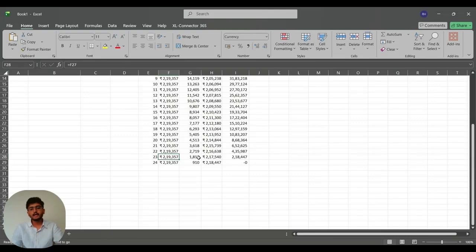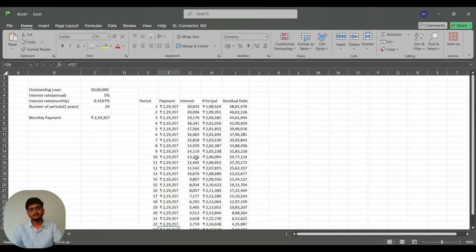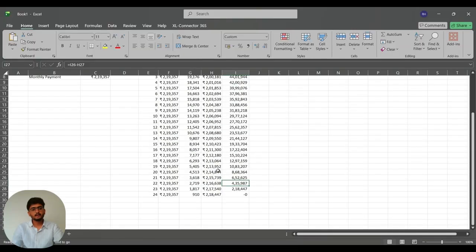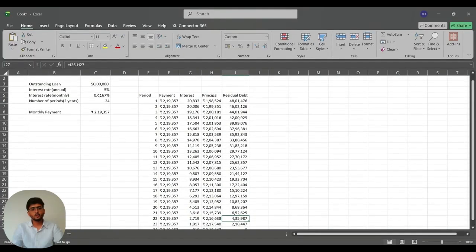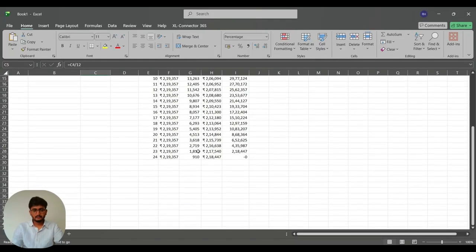So how did we calculate it? The interest on 4,35,987 at the monthly interest rate of 0.4167% gives us 1,817 rupees.